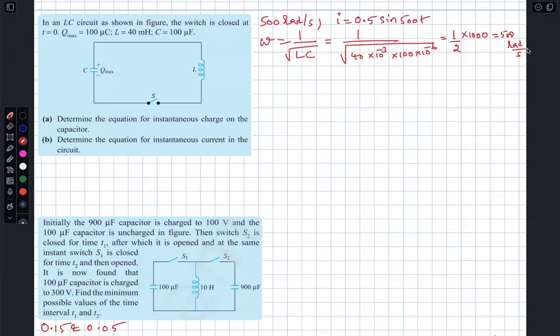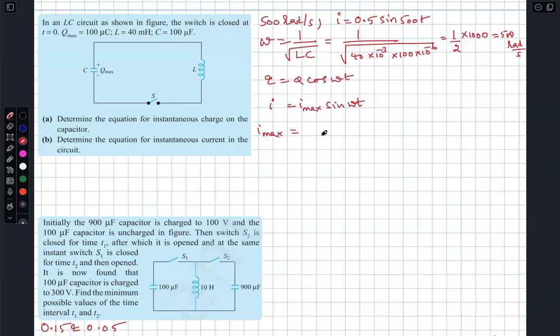Equation for instantaneous charge on the capacitor: Just now I have given everything. q is Q cos omega t. Current I is I max sin omega t. What is I max?